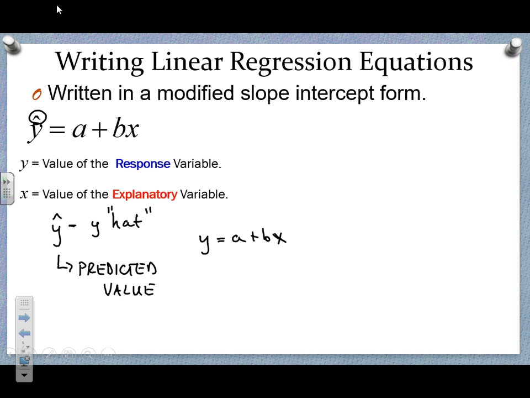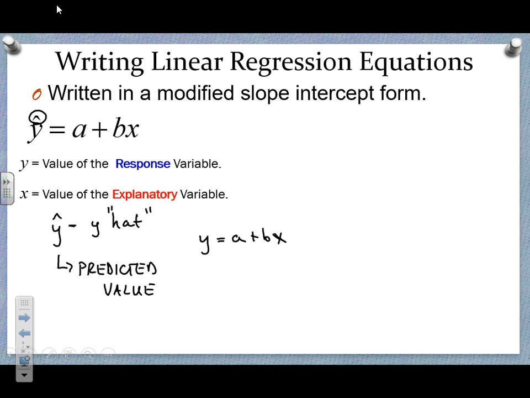So when we calculate these predictions with our regression model, they are just that. They're predictions. We think this is what it should be based on the trend. It doesn't mean that it's necessarily going to be that exact value. So when you write these out, it's very important that you do have that symbol with your y every time. Without it, you will be counted off.